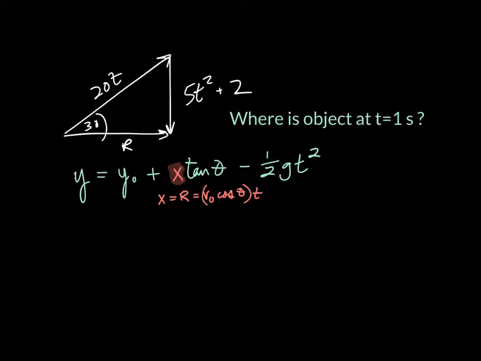All right, so literally the speed times the time is going to give me that position. So I can rewrite this as y equals y naught plus v naught cosine theta, and I'm going to put the tangent theta in there.